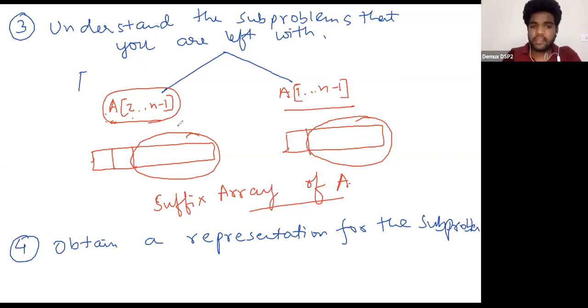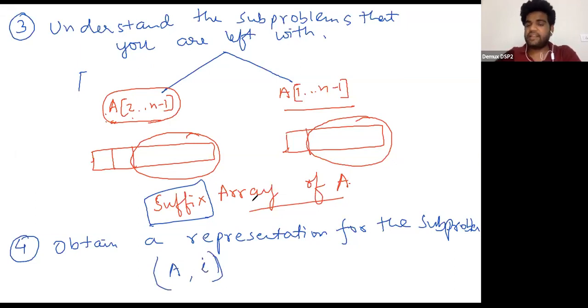In step 3 you realize that it's a suffix array of A. So how can you now represent a suffix array of a given array? Using an array and a start index, right? So you can use this to obtain a representation for the sub problem, correct?